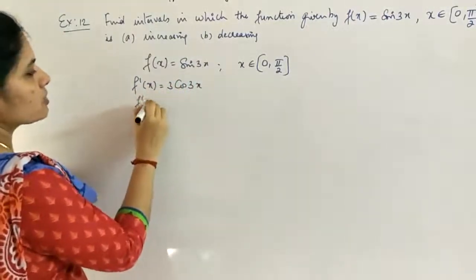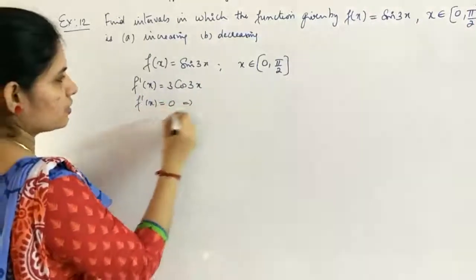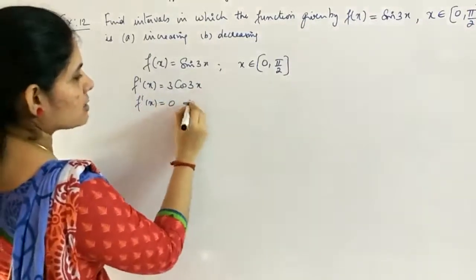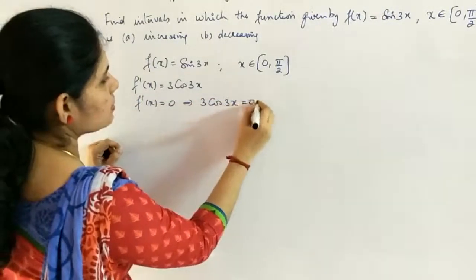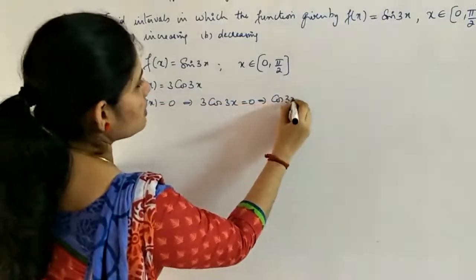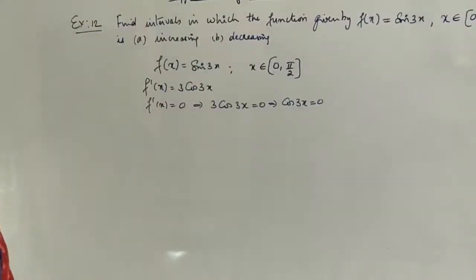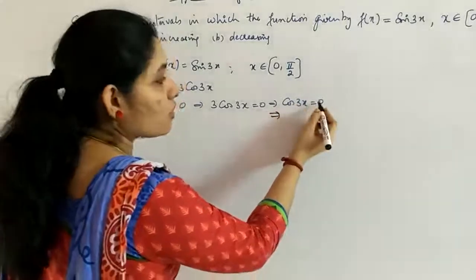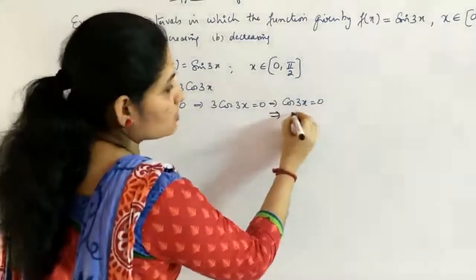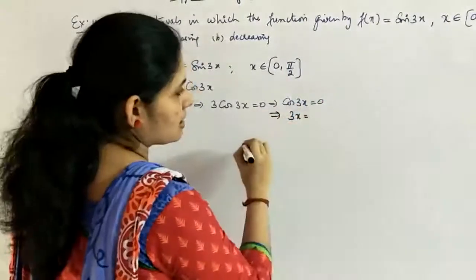So you will get 3 cos 3x. Now you have to substitute f dash of x as 0 and find out what values your x can have. So you'll get 3 cos 3x equal to 0, or cos 3x is equal to 0. So for which value of the angle does the cos value become 0? So you can say what will be 3x.